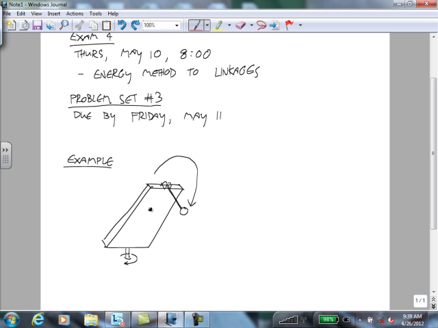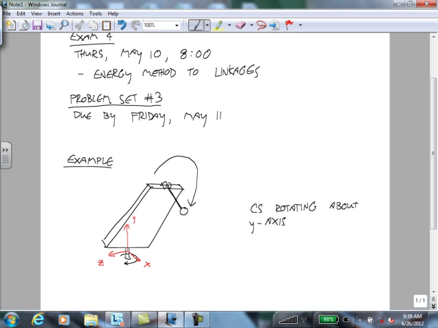We'll put the y-axis there, the x-axis this way, and the z-axis this way. Okay, so now the coordinate system is rotating about the y-axis.